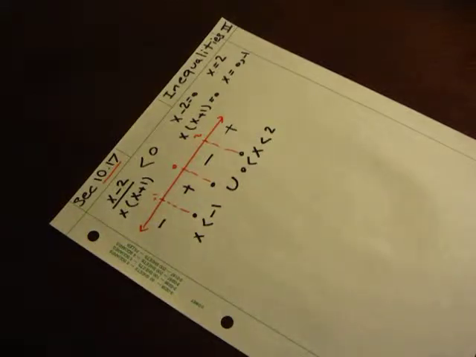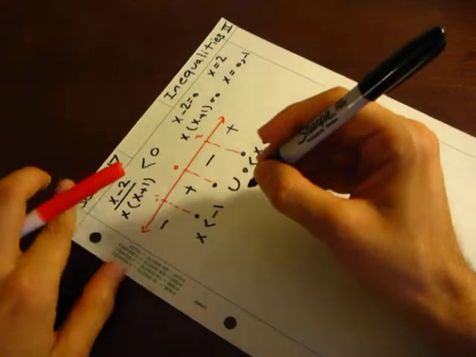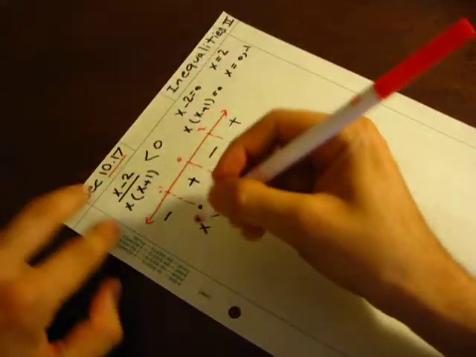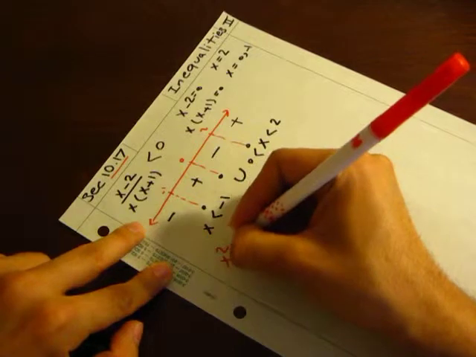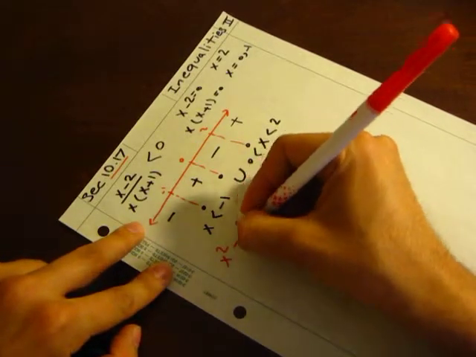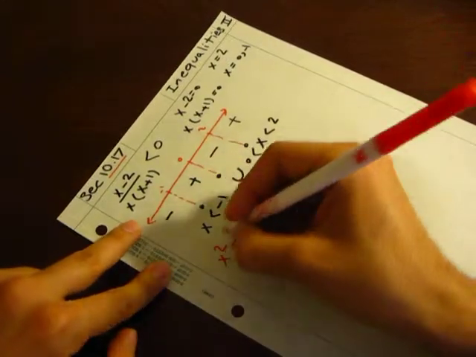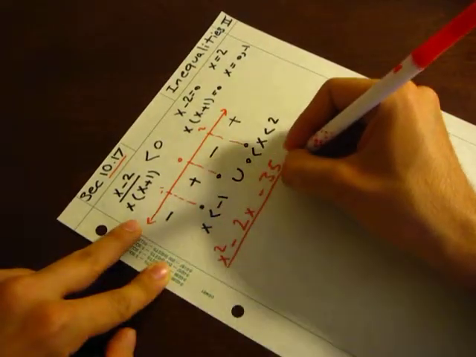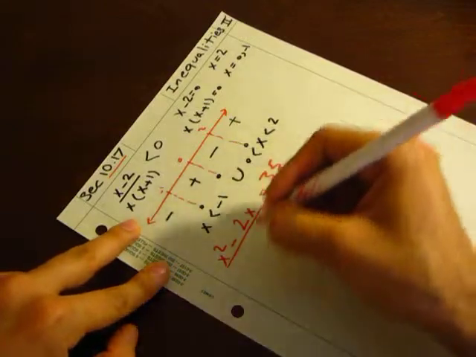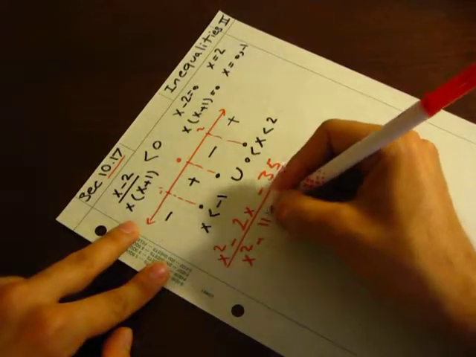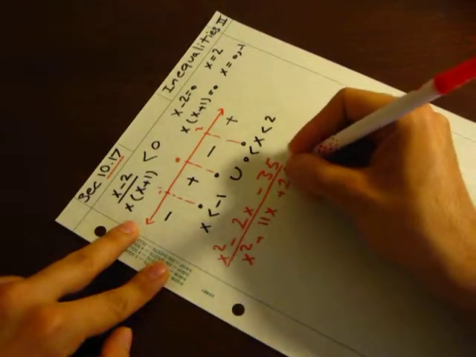So let's move on to another question, which is a bit complicated. The question is, let me write it in red, x squared minus 2x minus 35, the whole thing divided by x squared plus 11x plus 28.